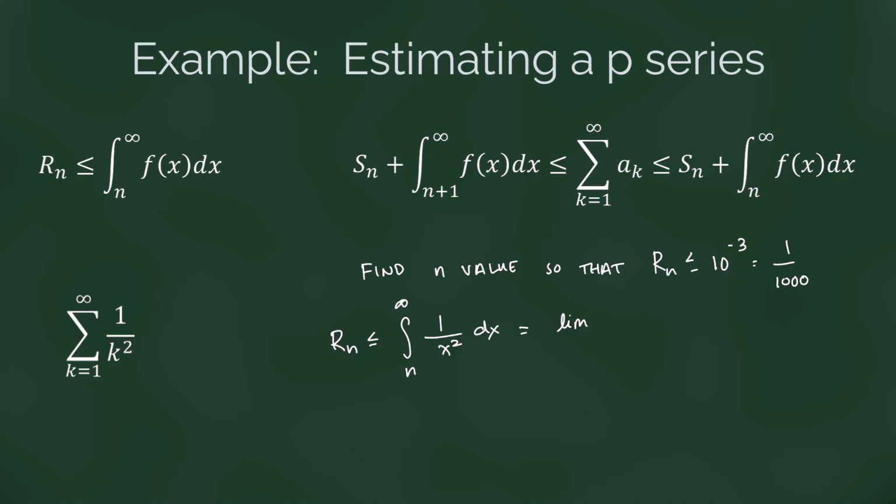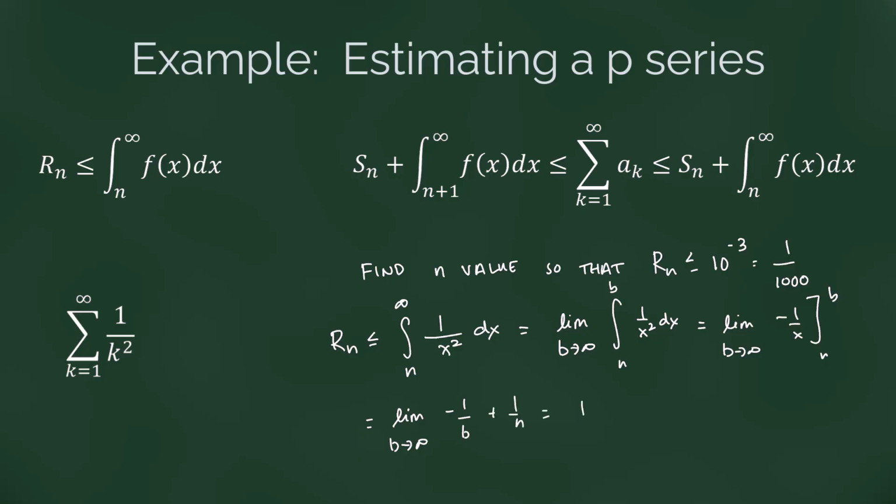That is going to be the limit as b goes to infinity of the integral from n to b of 1 over x squared dx, which is then the limit as b goes to infinity of negative 1 over x from n to b, which is the limit as b goes to infinity of negative 1 over b plus 1 over n, which is just going to equal 1 over n.